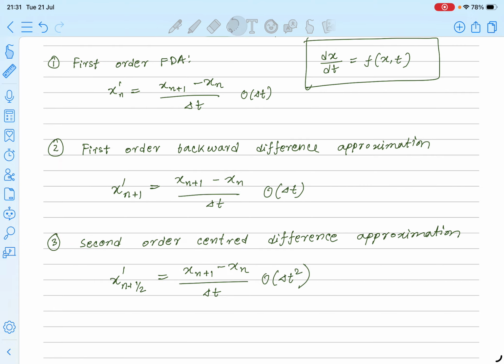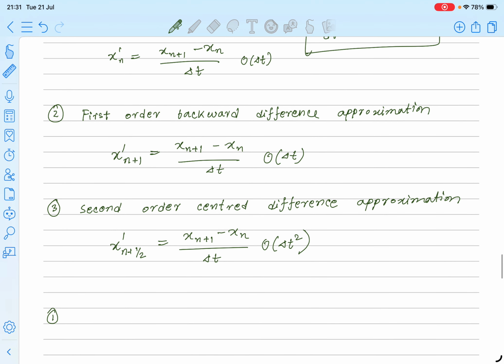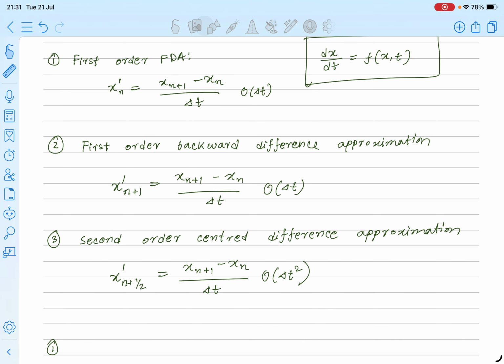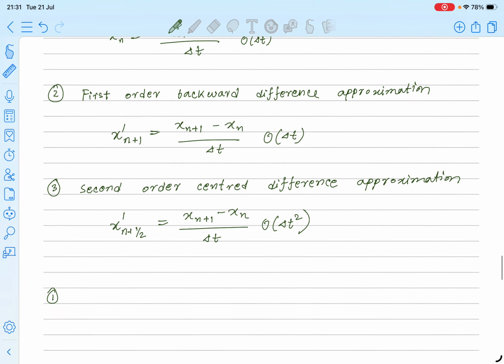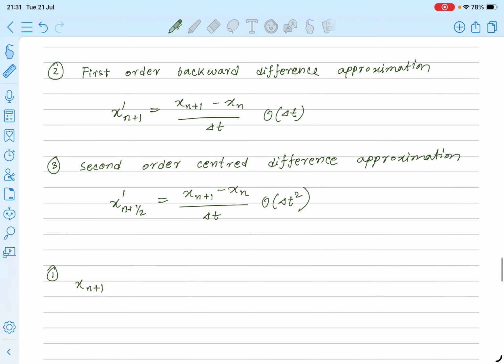So I will go through these three approximation methods to solve first order differential equations one by one. First of all, the first order finite difference approximation, that is this one. Okay, so let's do a Taylor expansion of x_{n+1}. x_{n+1} is equivalent to x(t_n plus delta t).